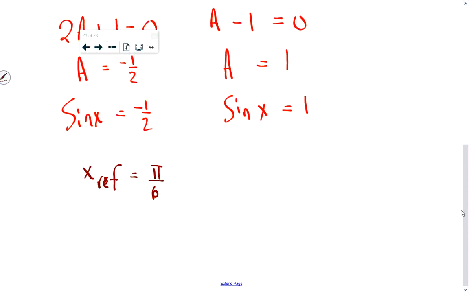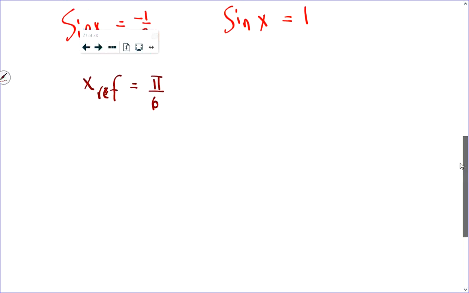So now this is good practice for what we were talking about just before we started this lesson. Which two quadrants are we going to be drawing this reference angle of pi over 6 in? Well, sine of the angle is negative. Now we go to our knowledge about how to calculate sine. Sine is y over r.